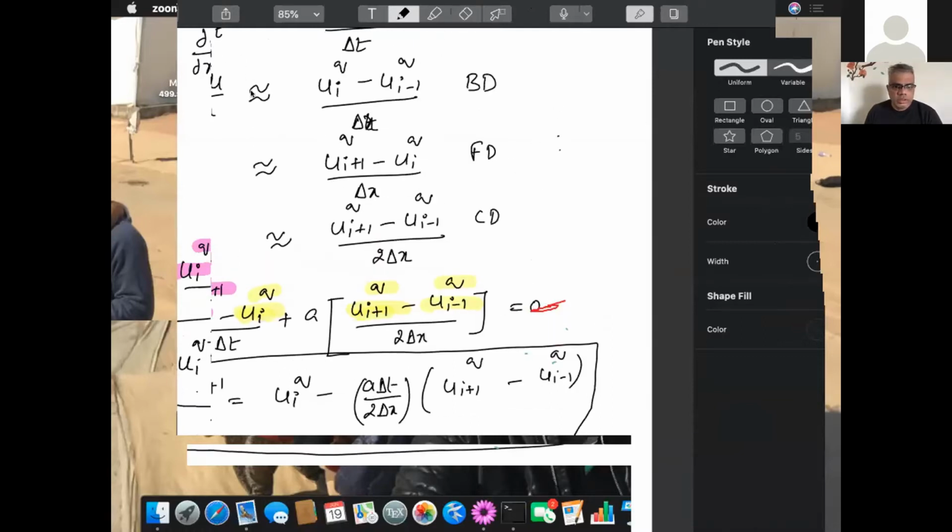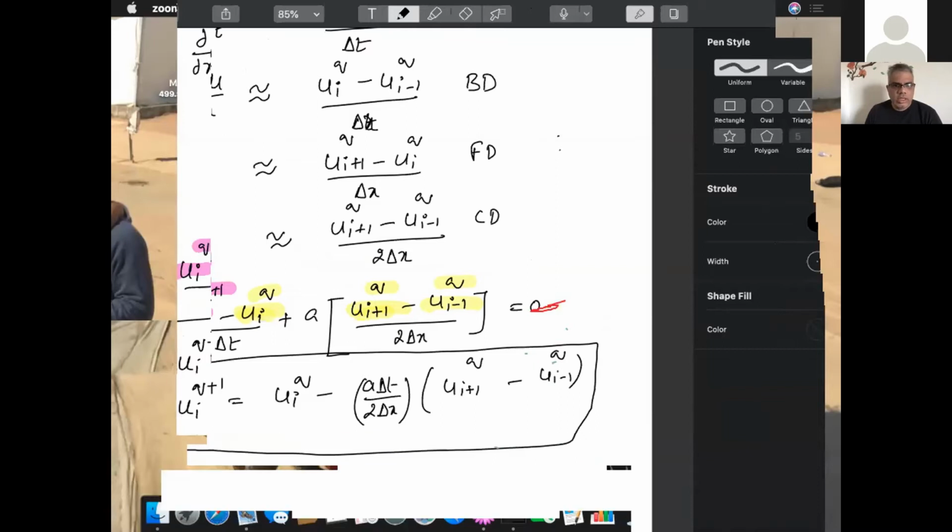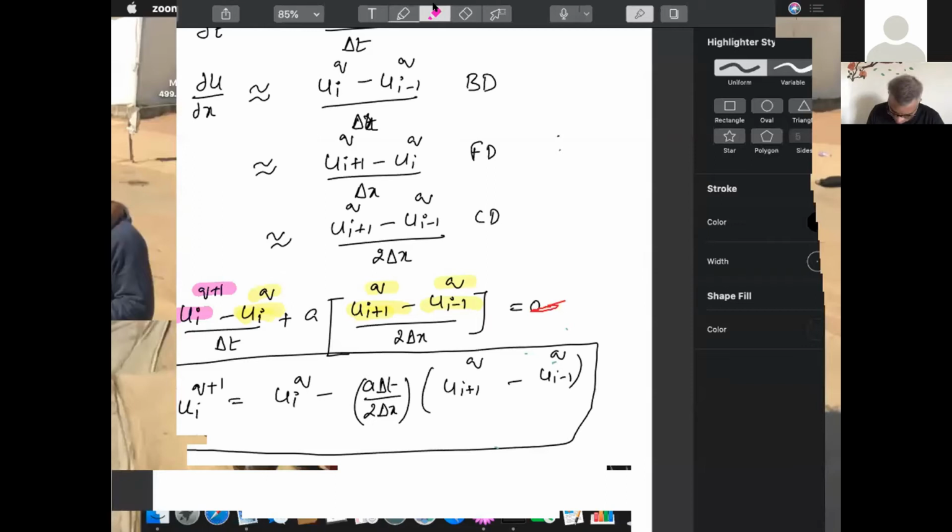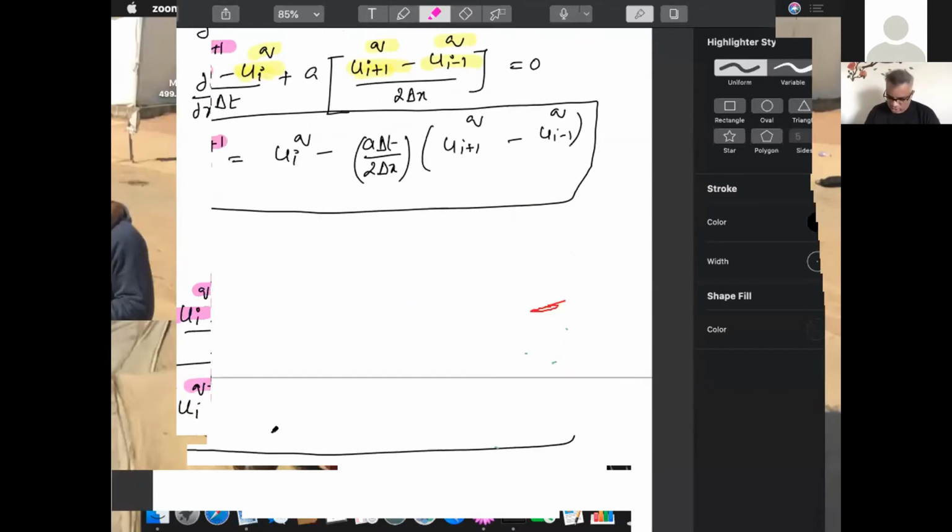You have the final unknown quantity. This is the final unknown quantity in terms of known quantities. So if you have to look at this on the grid, you can see like this.